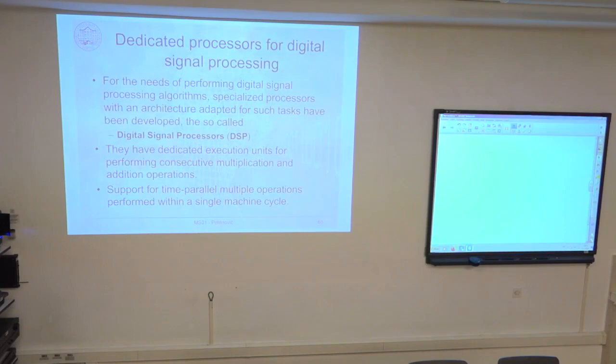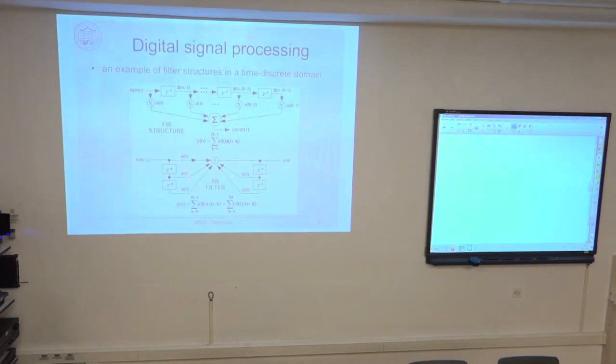So obviously, what kind of operations do you need? You need multiplications that should be fast. You need fast additions. Or maybe to combine both of them into a multiply and accumulate operation. Ideally, you would like to have an instruction that can do one multiplication and accumulation in a single cycle.